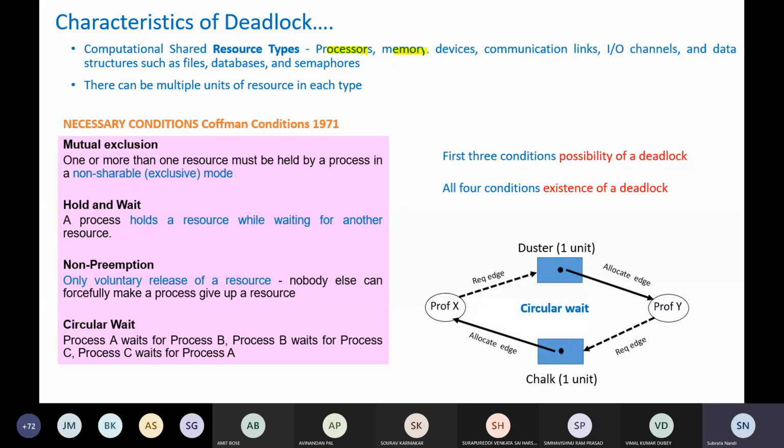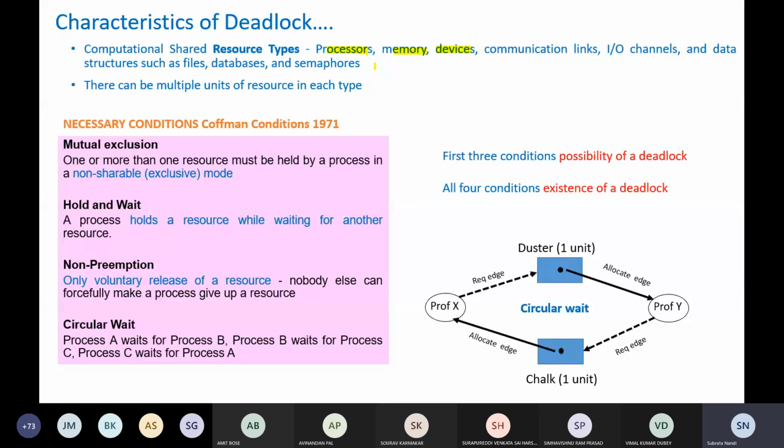You can think of a page frame, or it can be a shared memory which is shared by many processes, and one process acquires it and the others cannot use it simultaneously until the process releases it, otherwise there will be a conflict. There may be other devices, input output devices, communication links, maybe files or a specific record of a file, semaphores, all these things.